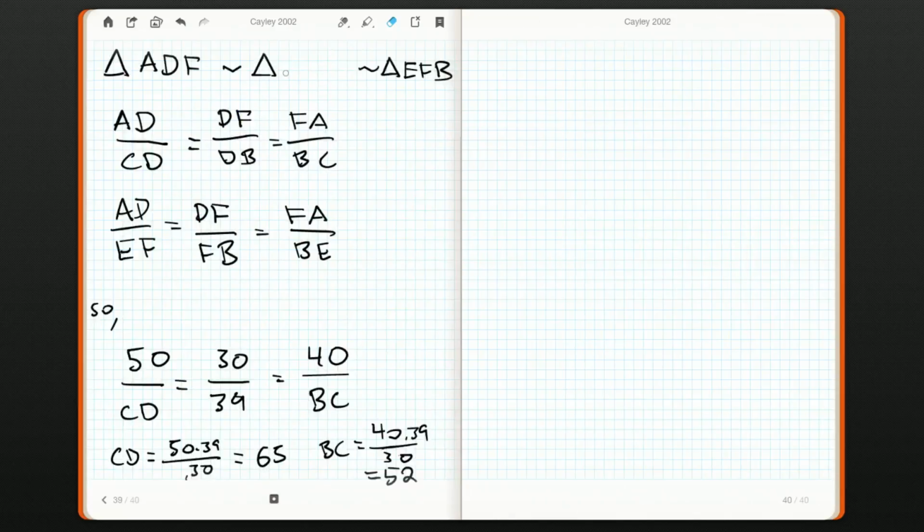So I wrote my triangles out wrong. I need to have BC over here, and then this one's got to be CD. Sorry about this. Because BC has to be the longer one.